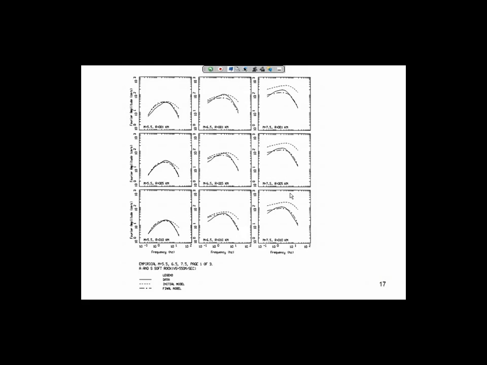Okay, so let's not use the word forward modeling here. We'll still call this a validation, but it's a validation against how well you can mimic the behavior of an empirical GMPE, okay?